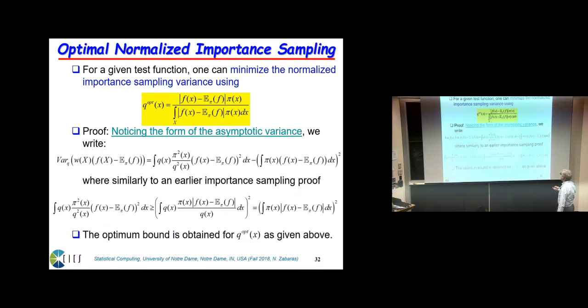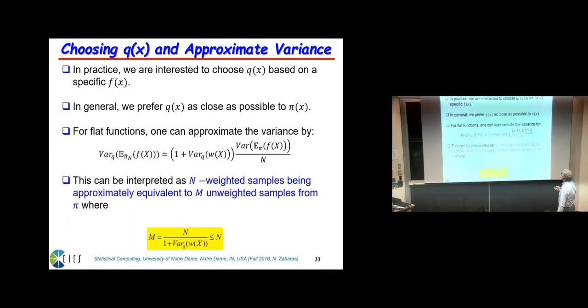I'm going too fast now, but I'm going to come back to this after the break. When you do this importance sampling, if you take n weighted samples, it comes out that these n weighted samples are actually equivalent to m samples with a normal Monte Carlo method, because somehow these weighted samples are correlated.